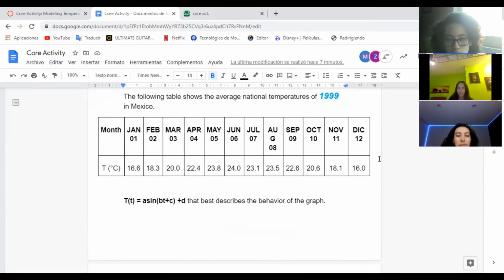And well, so here's the chart we did for the temperature and the average temperatures on each month of the year.